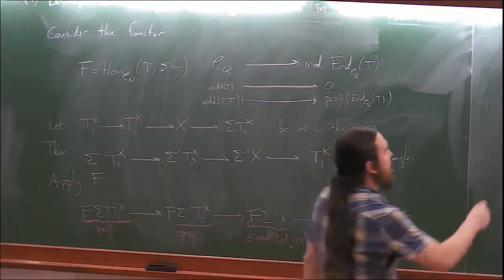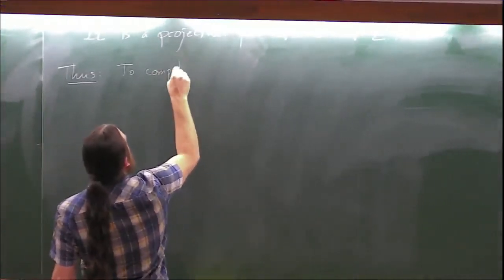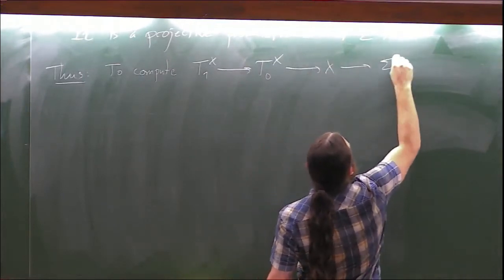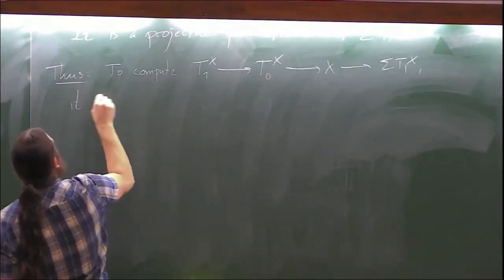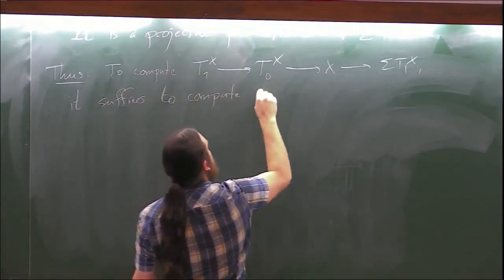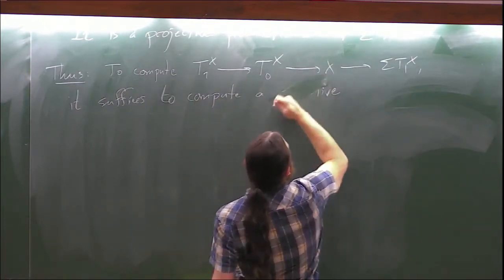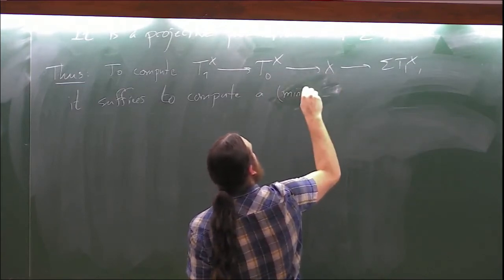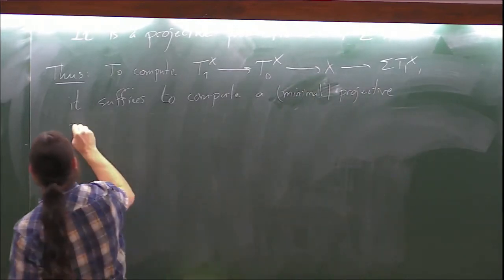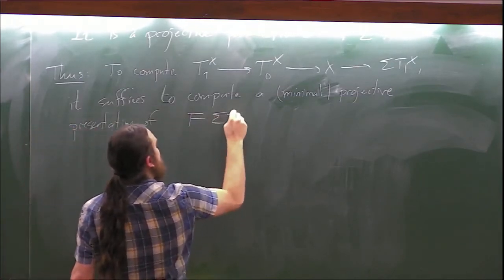So, thus, to compute this triangle, it suffices to compute a projective presentation, let's take it minimal, because we can do it, of the module F of sigma inverse of X.